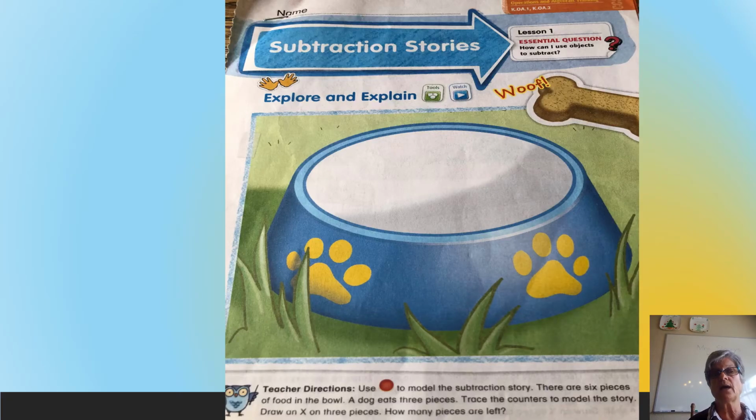Okay, for this particular slide, you will need page 383. You will need a pencil and you will need crayons. Let's have 2 different colors of crayons. First of all, in pencil, write your name on the top, please, above where it says Subtraction Stories. I'll give you time to write your first name.